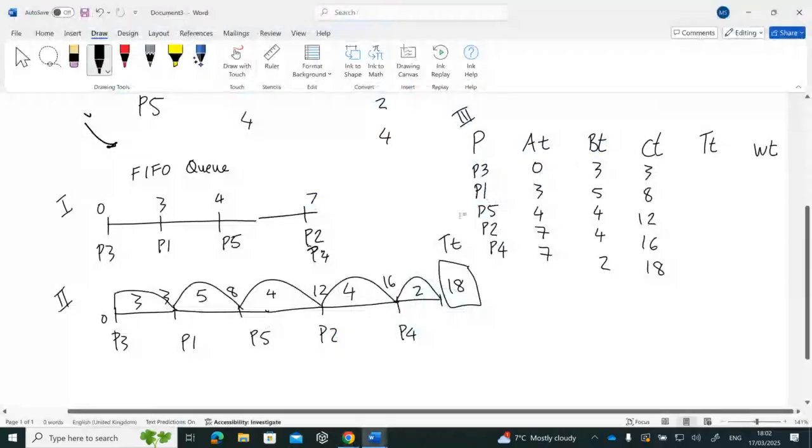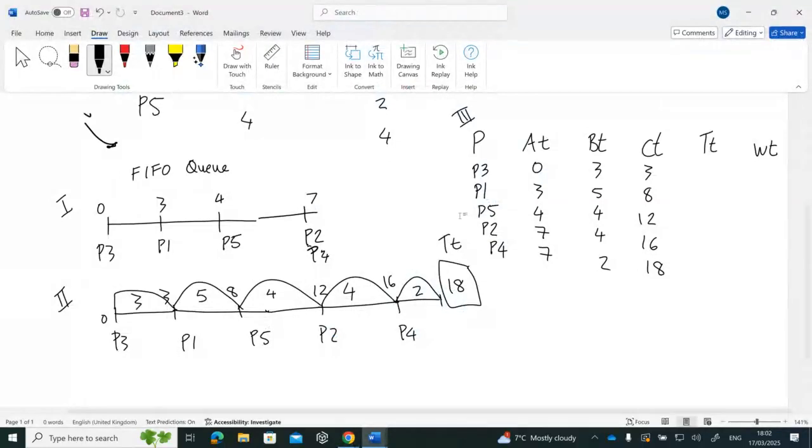Okay, what was the formula for total time or turnaround time? Completion minus arrival. So this is 5. 16 minus 7 is 9. Does that make sense?